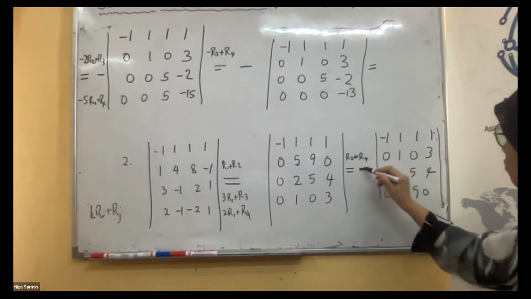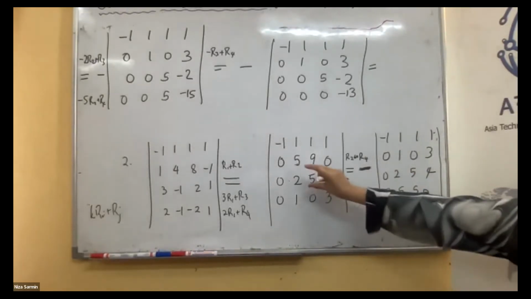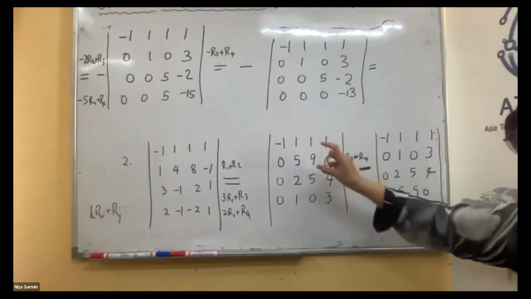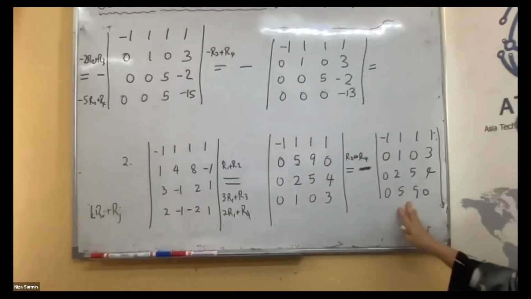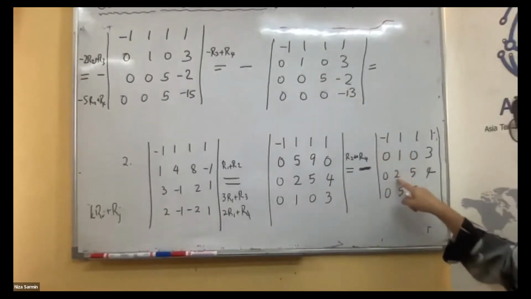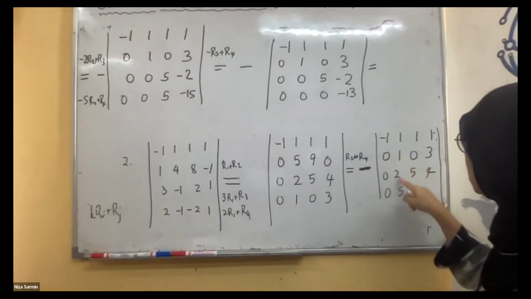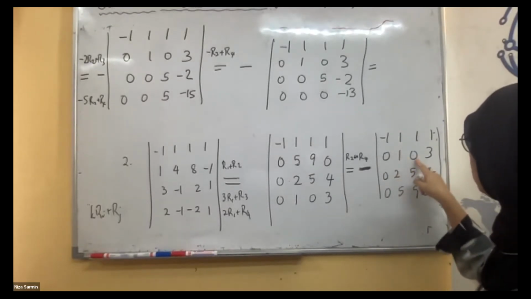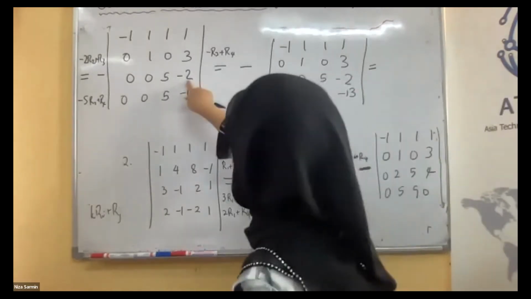And I put negative because I did the row operation, right? Then this one I copy over there, but I want to make this 0. So -2 and add. -2 and add. -2, -6 and add. I get this.